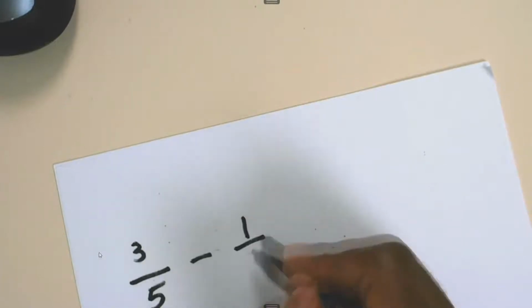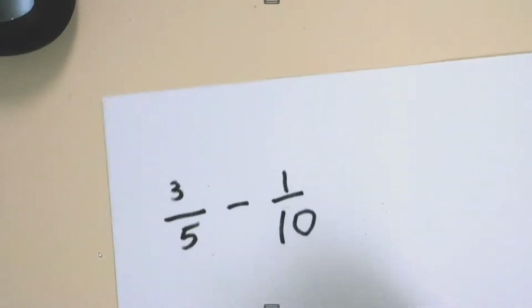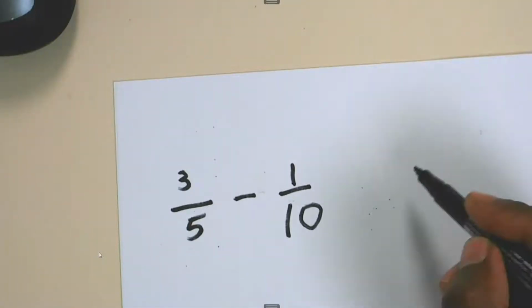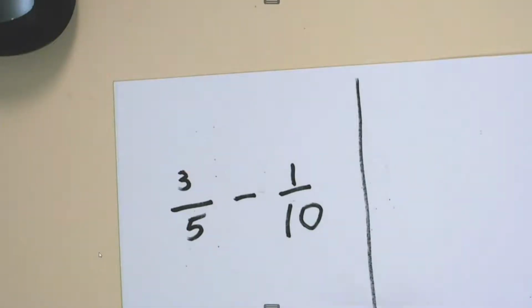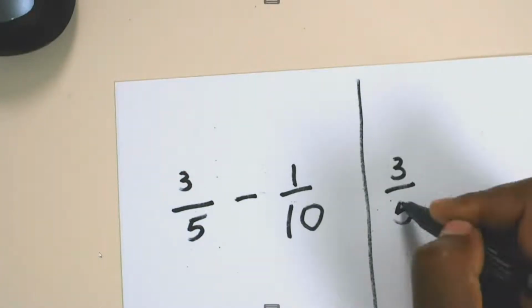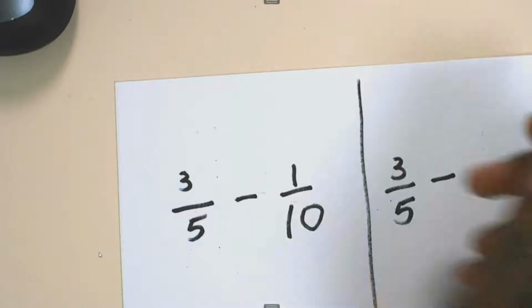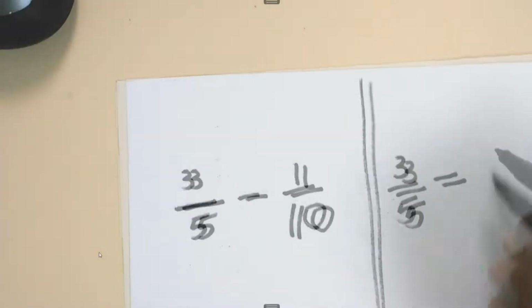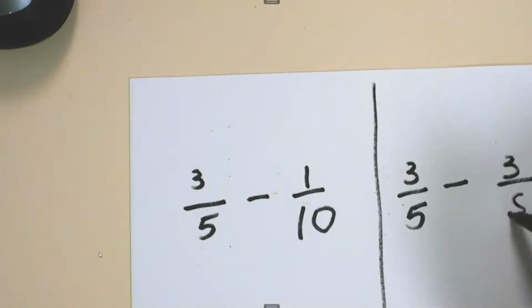The other one was 3/5 less 1/10. And then on this other side, we had 3/5 less, let me just go quickly back, 3/8.